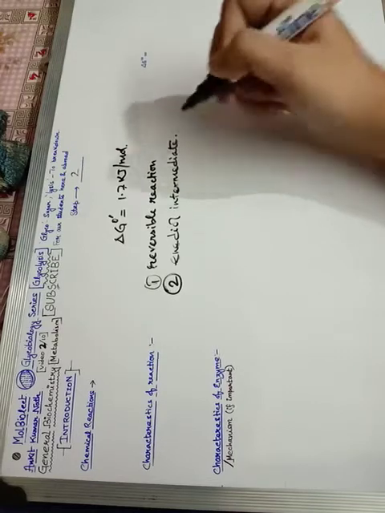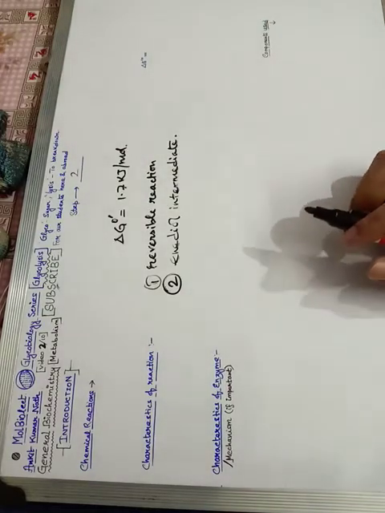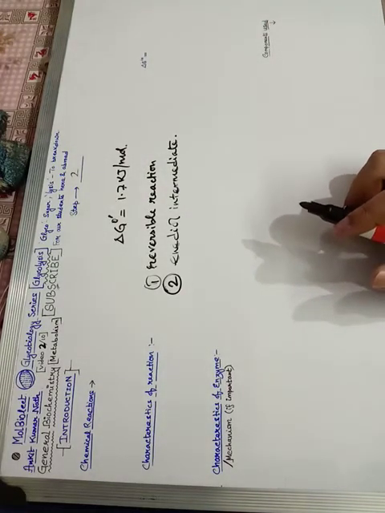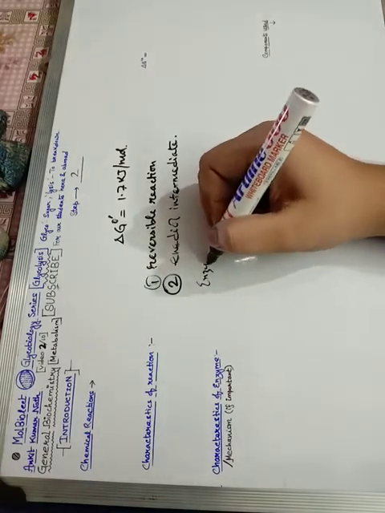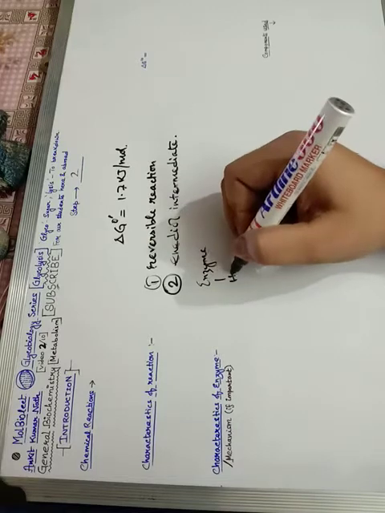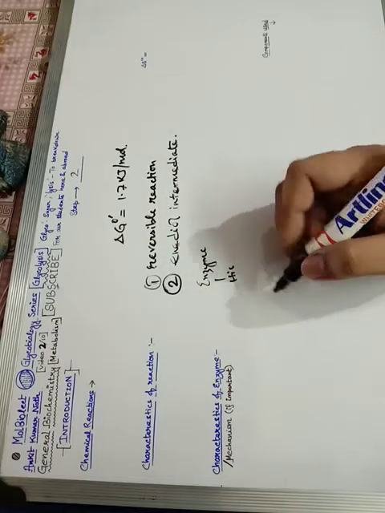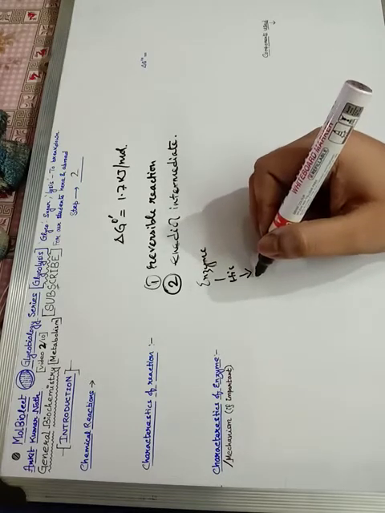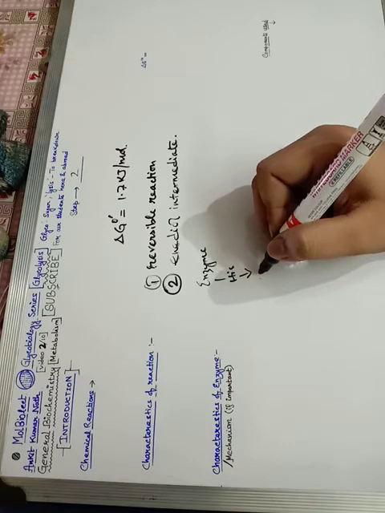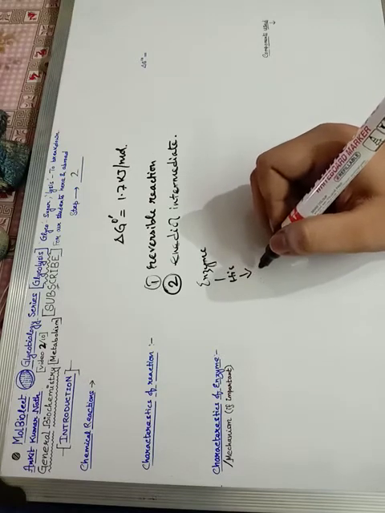The mechanism is not needed anywhere, but if you want to know, there is an active histidine residue in the enzyme. This histidine residue first binds to the substrate, in this case glucose 6-phosphate, and after binding there is some conversion.